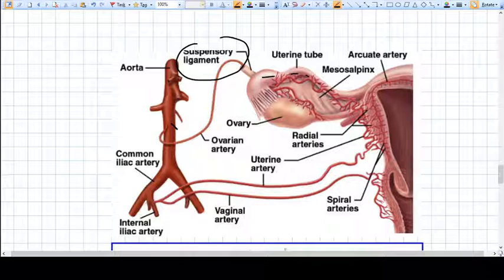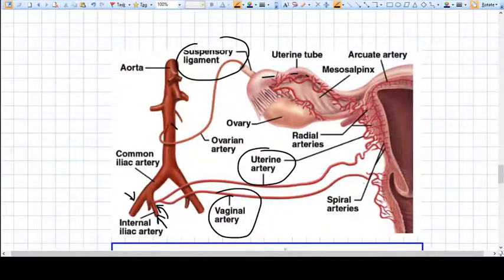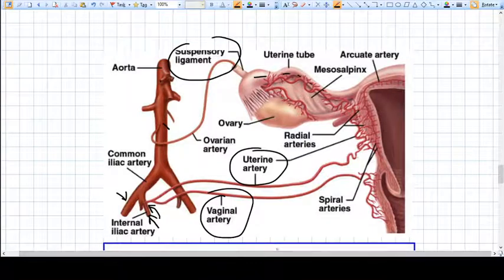You see here is the common iliac artery, and there are the external iliac, and then the internal iliac, and then the anterior division of the internal iliac. From that, the uterine artery and vaginal artery are arising. The uterine artery goes here at the level of the internal os and then ascends upwards. Here you can find what? The ureter. Here is the ureter. It goes and does anastomosis with the branch of the ovarian artery.